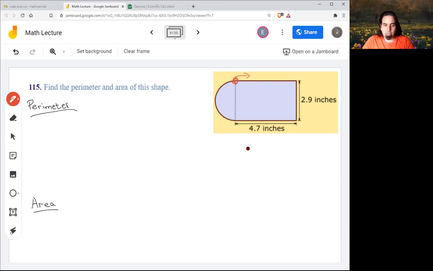And my recommendation for these sort of puzzly problems is to not write any numbers right away. I'm going to say that first I'm going to go across the top, then I'll go down, then I'll go across the bottom, and then I'll come around that half circle. And I'm actually going to write as a formula.